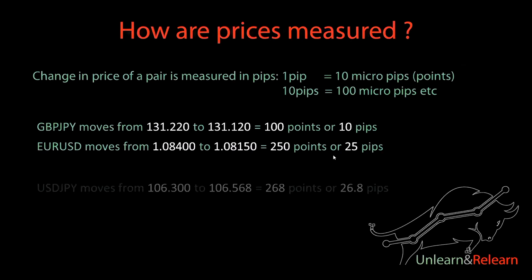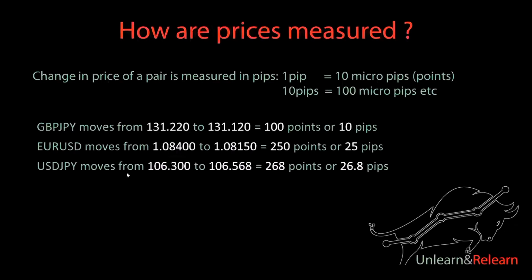In the same way, with USD/JPY, let's say we had price at 106.300 and Mr. Hashir had a buy order at 106.300, and price moved to 106.568.